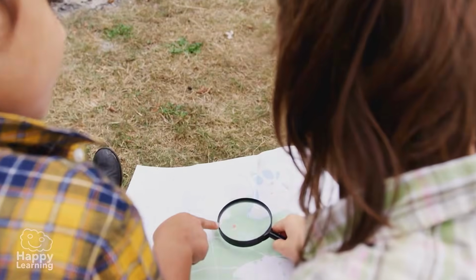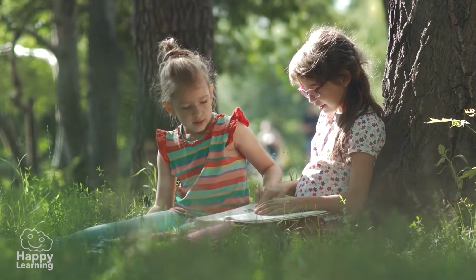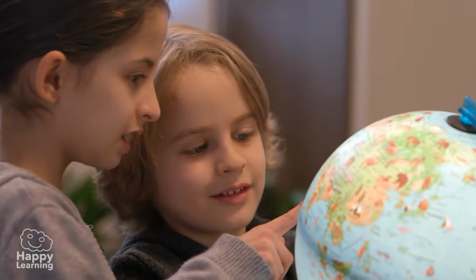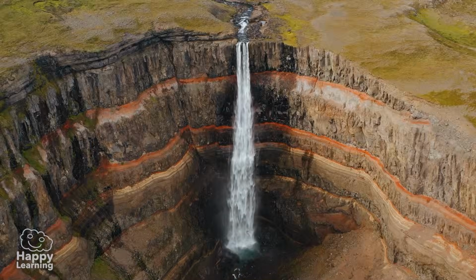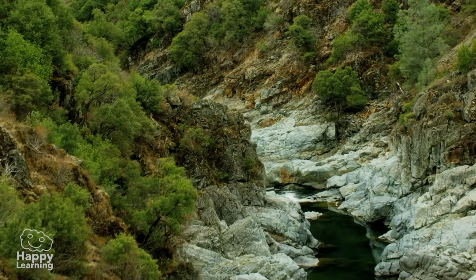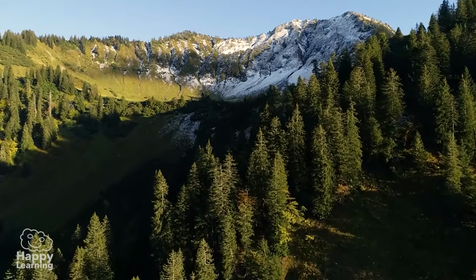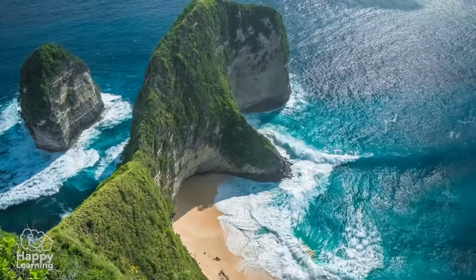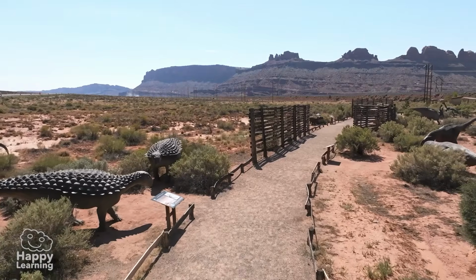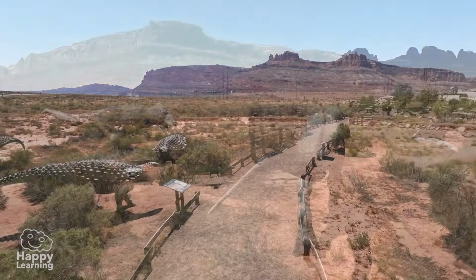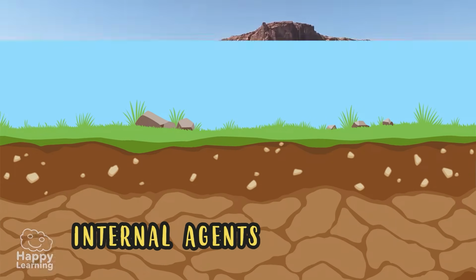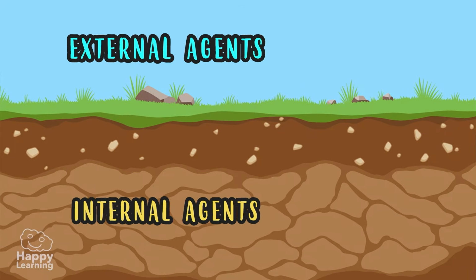The relief is much more than a geographic book full of maps and colors. Relief is this. Look, it's nothing more or less than all the different landforms of the Earth's surface. These shapes that you can see are the result of millions and millions of years of work by internal and external agents.